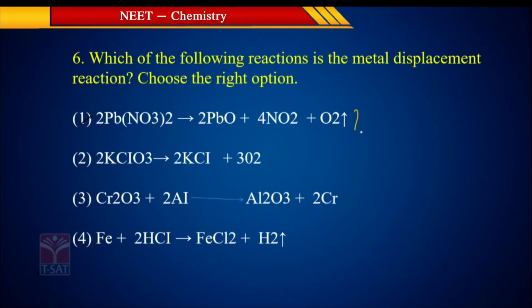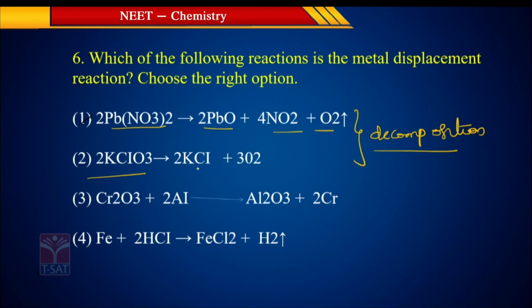Okay. And next, which of the following reactions is the metal displacement reaction? Choose the right option. First option and second option are decomposition reactions, not displacement reactions, because PbNO3 is decomposed to PbO, NO2, and KClO3 is decomposed to KCl and O2.